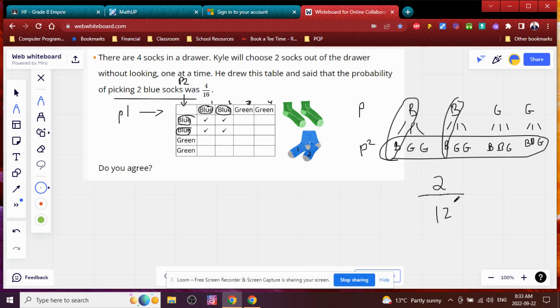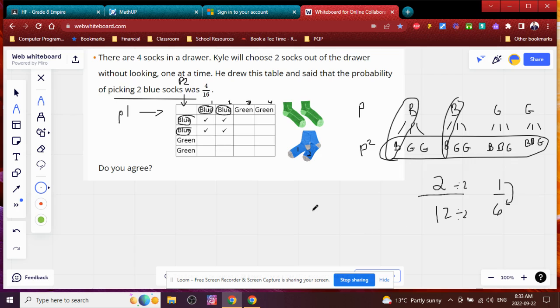So we actually have a 2 out of 12 chance. Put that into lowest terms, and we have a 1 in 6 chance that that's going to happen. What we're trying to do with these guys is get them to understand that, yes, you have a fraction here, but let's determine the percentage of it happening. Top number divided by bottom, so it's 1 divided by 6.